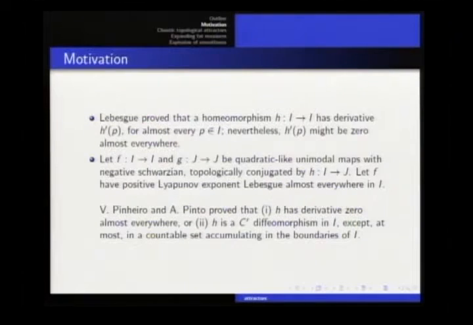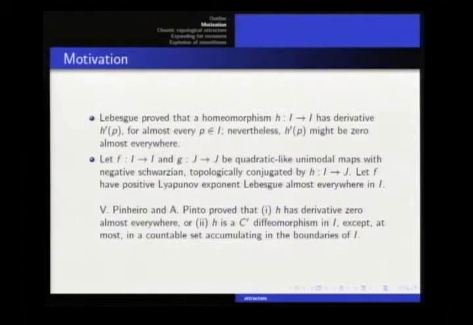So I'll start with a short motivation. As everyone knows, Lebesgue proved that a homeomorphism of the interval has a derivative almost everywhere. The problem is that this derivative might be zero. So, okay, it has a derivative almost everywhere, but is it zero or not zero?